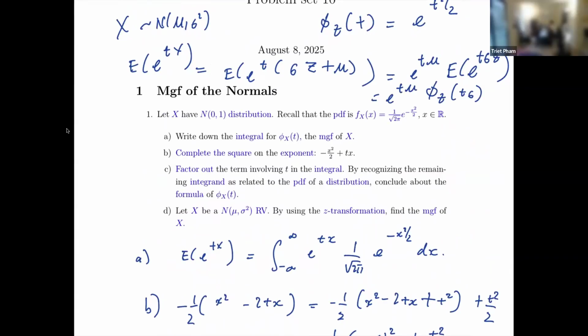So the final answer is e to the 1/2 t squared sigma squared. And usually you can just write one single exponential and add these two together. Okay, any question about this?